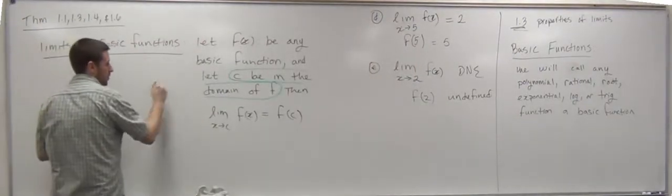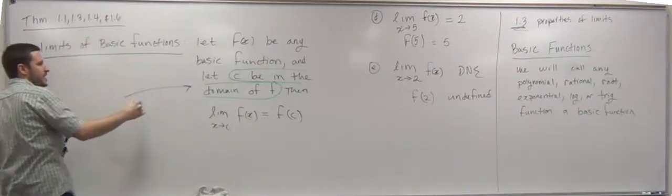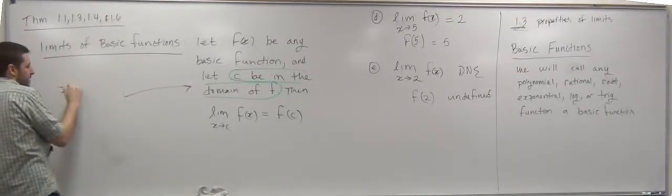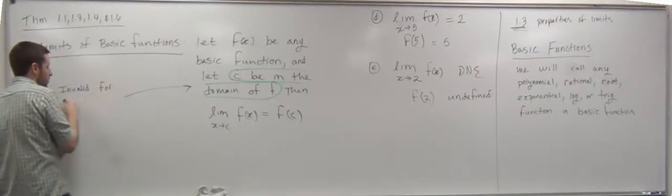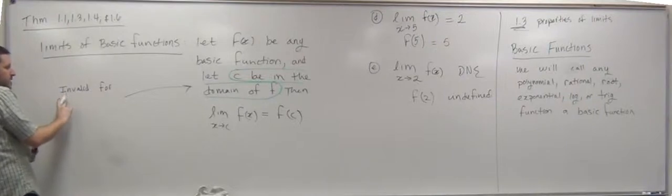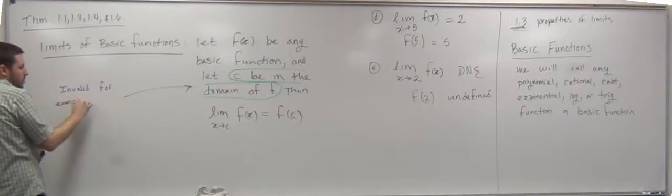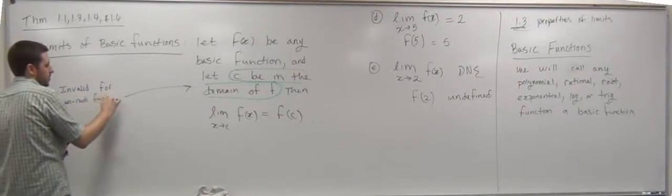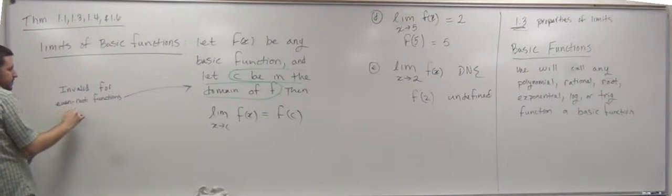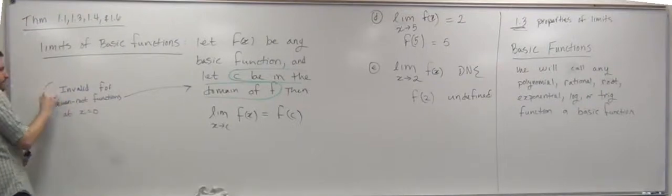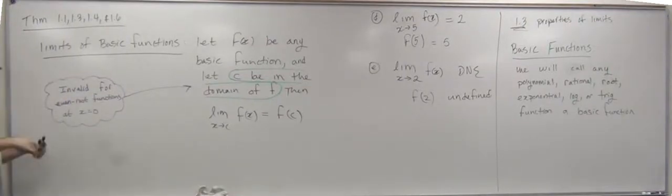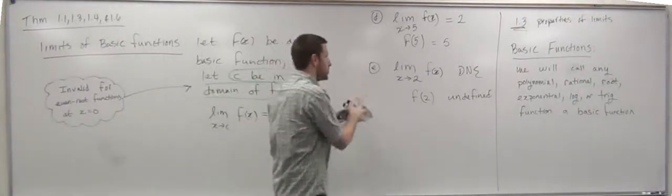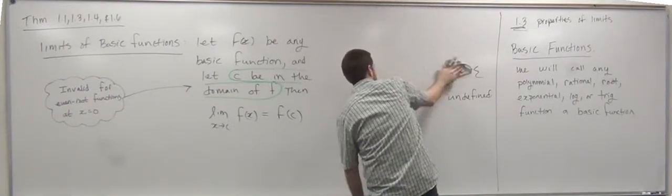So this whole idea is invalid for root functions with an even index. So we'll say even root functions at x equals 0. Now I'll show you what I mean in a second. Otherwise you're fine. But so let's do some examples to understand what this is saying.